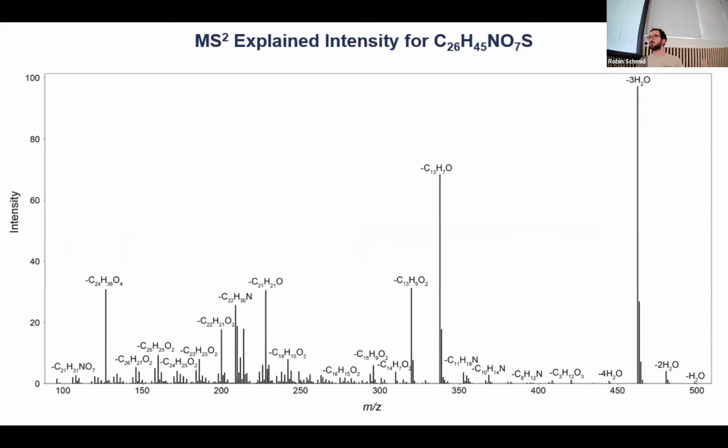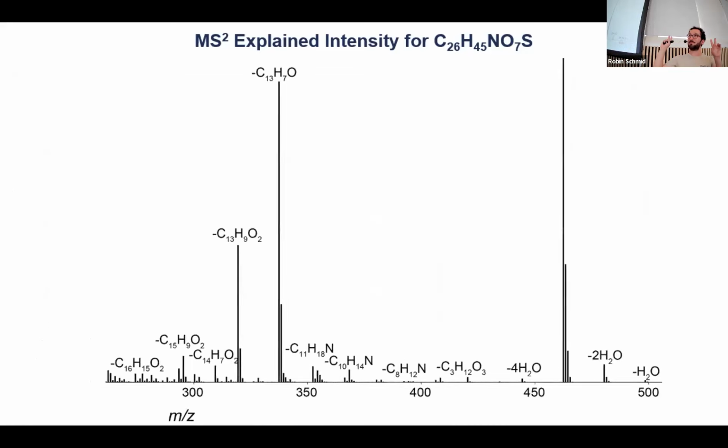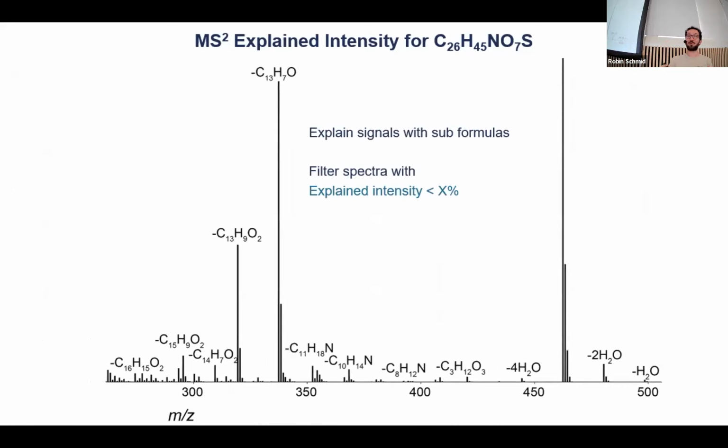For example, if we have the molecular formula and the structure, of course, we can go through and say, okay, there's a lot of water losses here, and maybe we can annotate all of the different signals. And those annotations do not need to be correct here, right? It's a very simple filter. We just say, we should at least be able to give it a sub-molecular formula. Yeah, we don't do much sanity checks here.